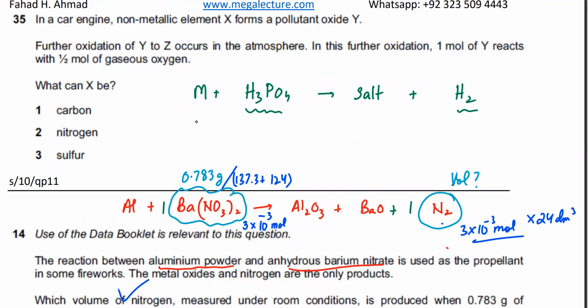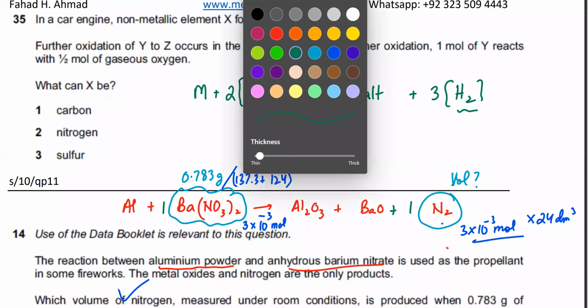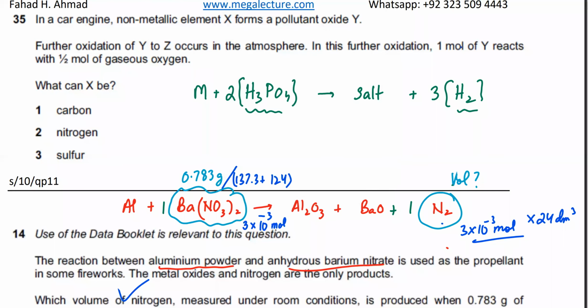So we don't even care what the metal is, or what the salt being produced is. We can find out the ratio of these two things. The H atoms must be balanced. So 6 hydrogens. I'm going to multiply this by 3, and I'll have 6 hydrogens over here as well. So that means the ratio is 2:3. So without even knowing the full equation, without even balancing the whole equation, I can still find out the ratio of 2 of the substances in the equation.